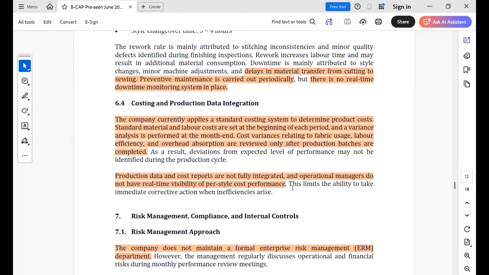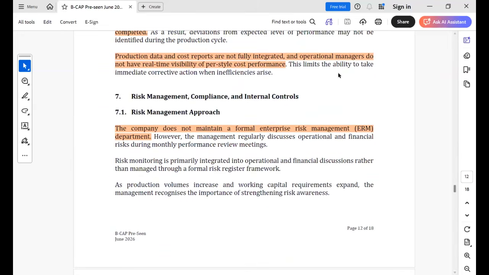So while he's working or at home, he can see all the real-time data coming into his mobile phone, wherever he is. He can immediately look into it and attend to the work if he notices that something is going wrong. That facility is not in the company. So that is section number 6.